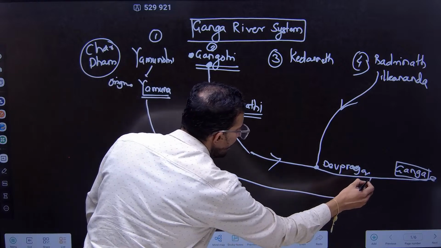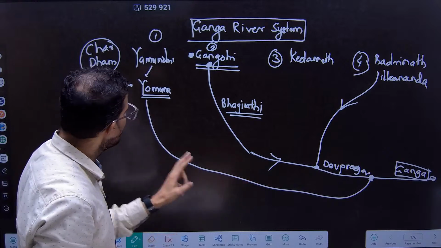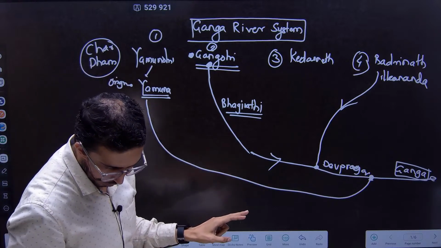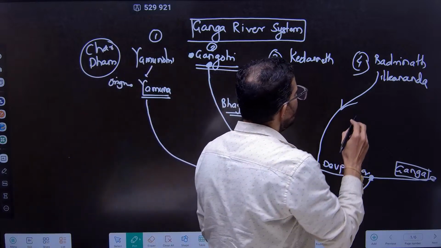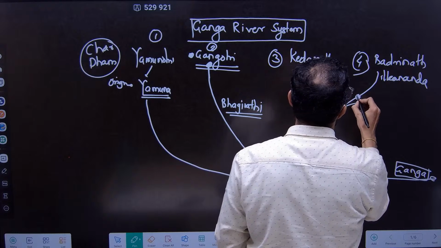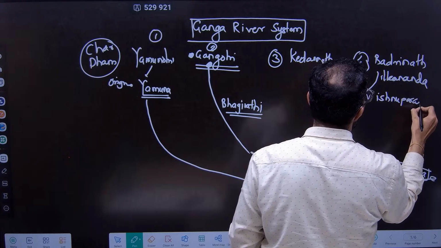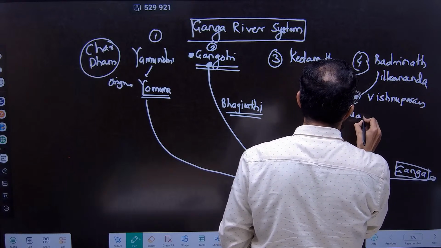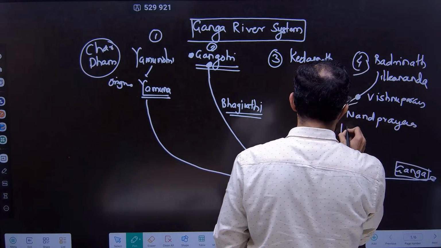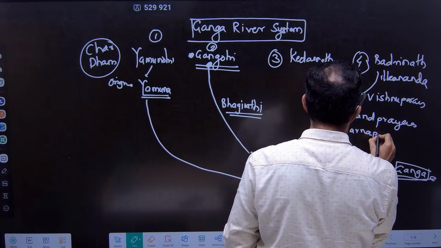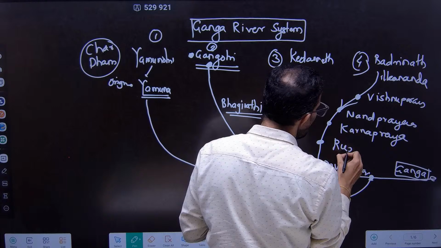joins at which place? That's what we are going to see. Just write down. See, the first one is the Vishnu Prayag, then Nanda Prayag, then Karna Prayag, and then Rudra Prayag.